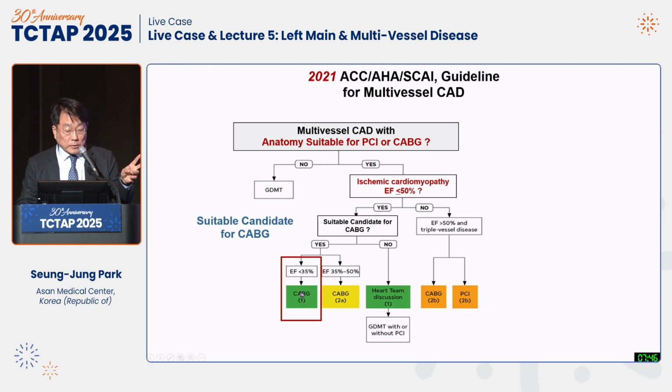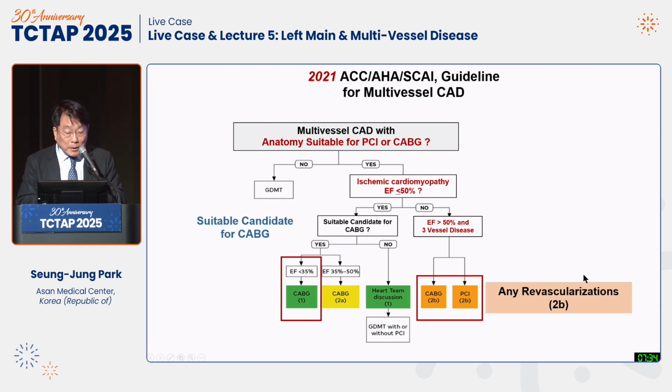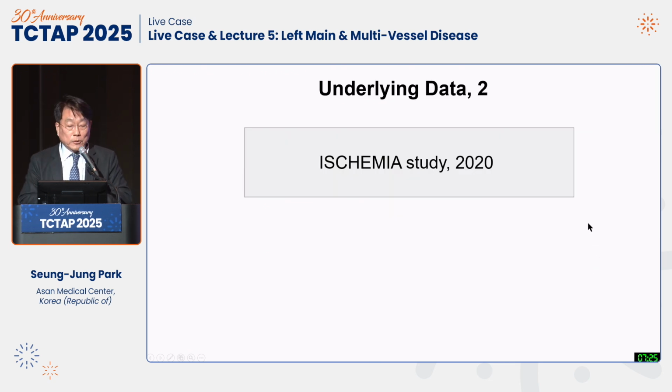Low ejection fraction, definitely less than 35%. However, with normal ejection fraction more than 50%, even in 3 vessel disease, bypass surgery, PCI, any revascularization was classified 2B. So we clearly defined the efficacy of revascularization.